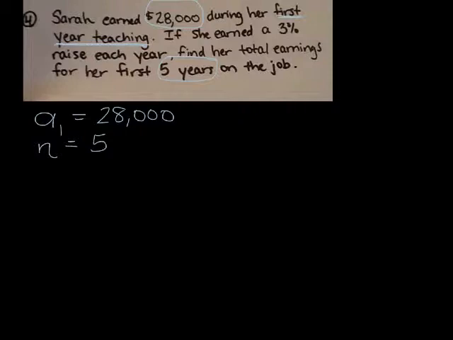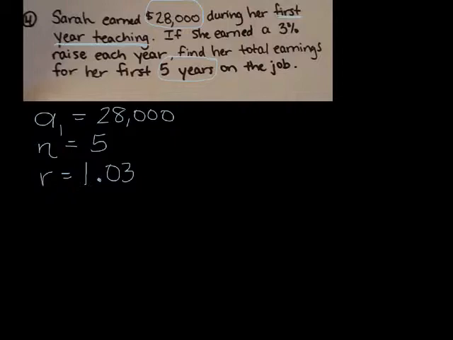The only other thing we need to know is R, the common ratio. What are we increasing by? And it says it's a 3% raise. However, that can be a little tricky when you're quantifying that as a number. 3% is 0.03. But you're adding that 3% raise to the original amount she already had. So you have that one whole amount plus 3%, so R becomes 1.03.